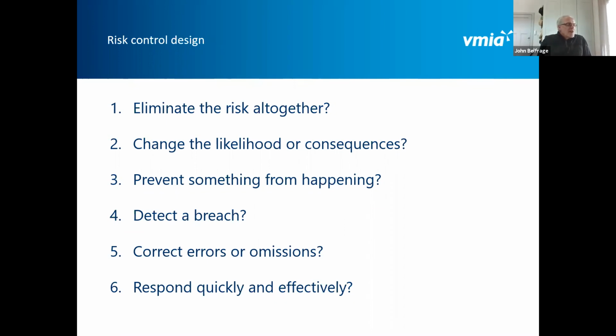Is it designed to correct an omission or an error, like spelling check errors, for instance? Or will it respond quickly and effectively? For instance, the installation of an emergency shower and eye wash stations if there's a chemical spill. So it's really important to make sure that the design is done in such a way that is actually going to make an impact on the cause.